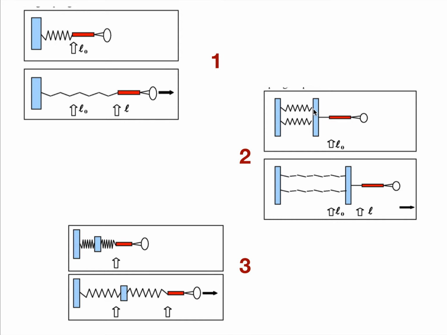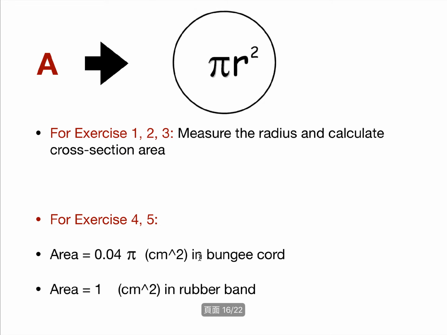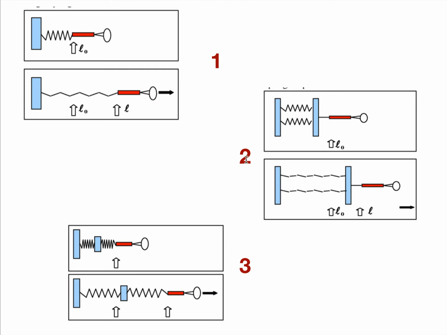So the cross-section area will be doubled, and we're going to apply a certain force on it, from 0 to 10 newtons. The force will be in newtons, so this slide is a little bit wrong. I'm going to change it to newtons. Sorry about that. So for exercise 2, we're going to put 2 springs in parallel and also apply the same force to see the change in length.